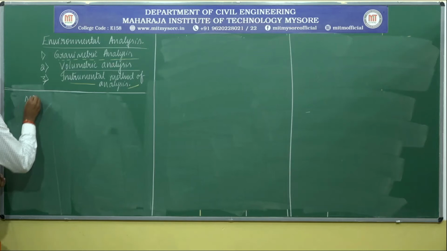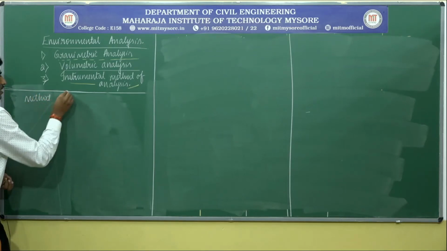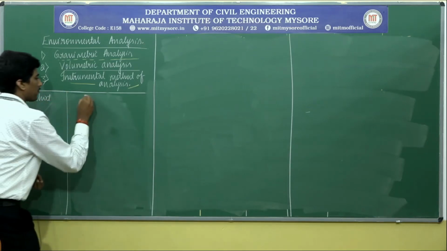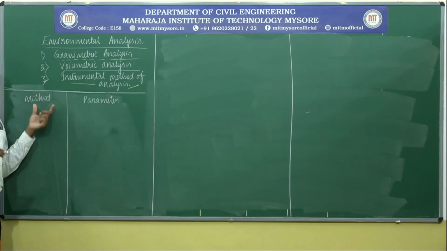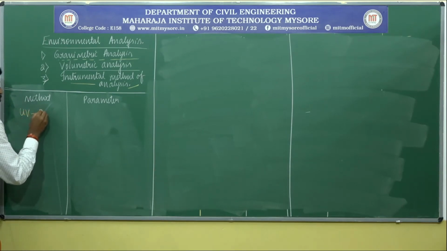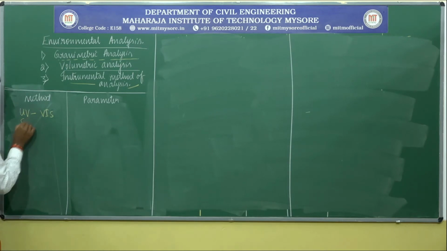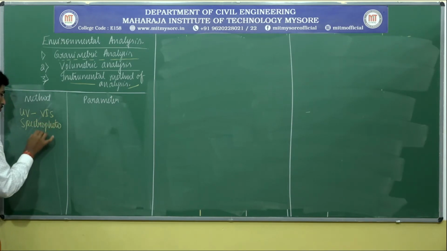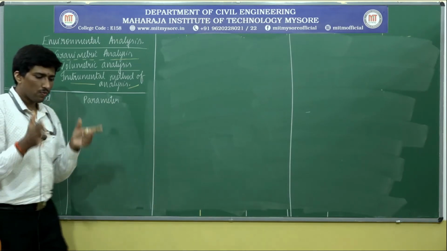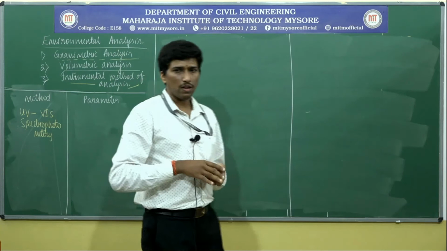Next we have the methods and then the parameters. What are those methods we come across? They mainly depend on the electromagnetic course of radiation. So, UV-VIS spectrophotometry, in the range of UV as well as visible radiations.